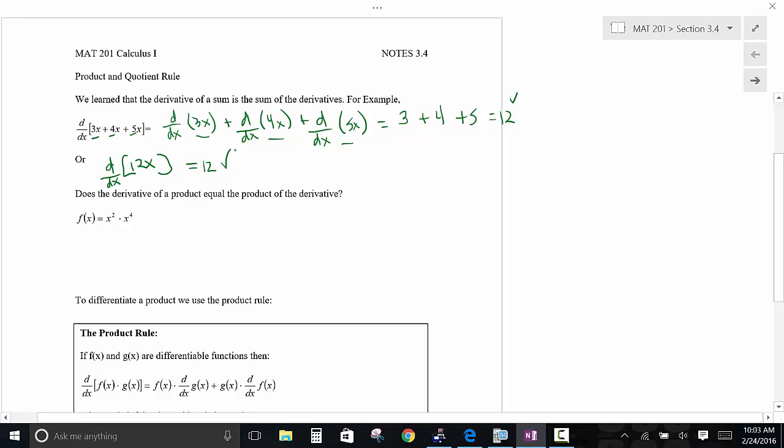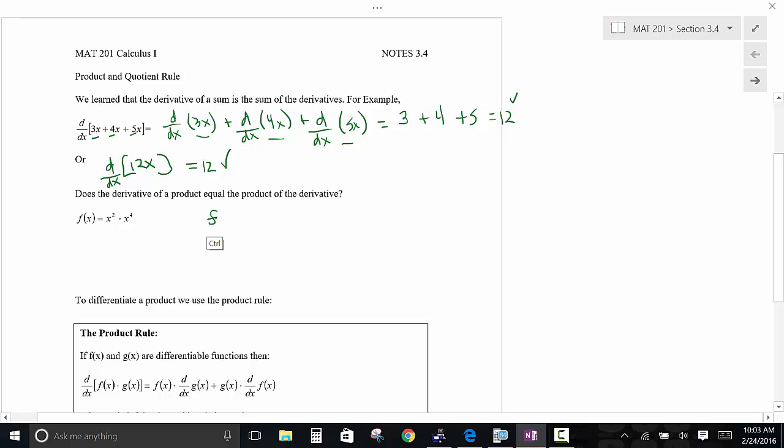So what I'm trying to show you is that if you take the derivative of the sum, it's the sum of the derivatives. We learned that format, and the idea is, if we had a product, would it work the same way? So before we go to the product rule, I want to do this and just see if this happens.